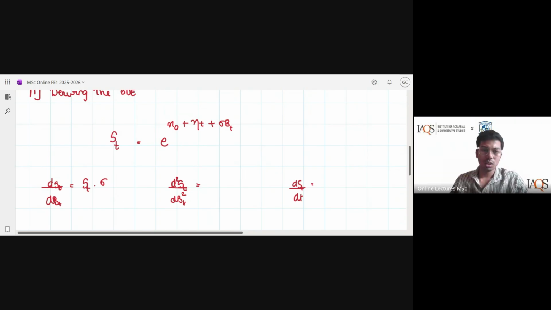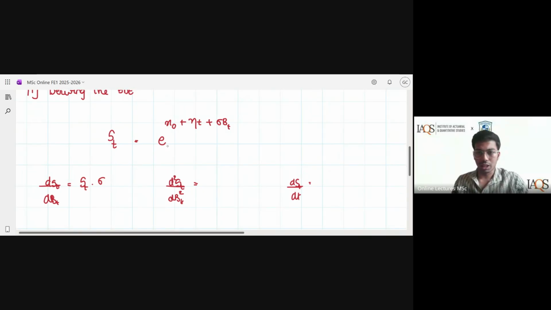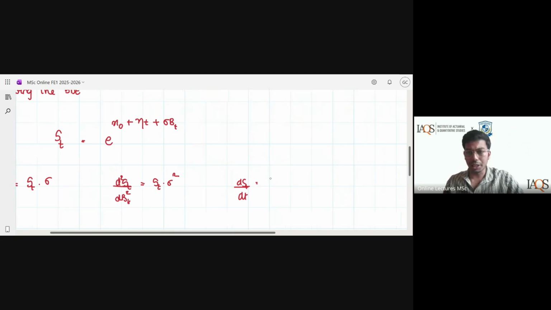Comfortable, sir. Now, second differentiation. Can I say in terms of double differentiation, this St will still stay as St and this will become sigma square. And dHt by dt will be St into eta, because you'll get the coefficient of time over here, which is eta t. So St into eta.